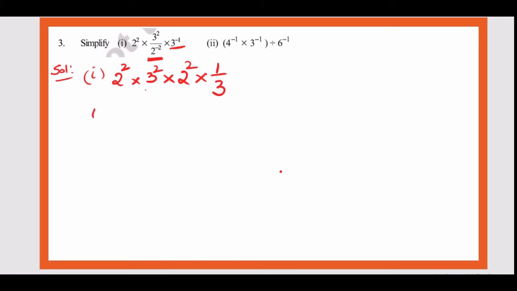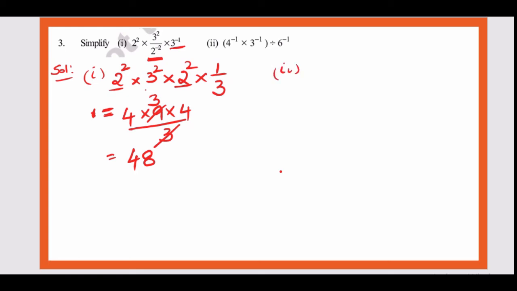Now what you are going to get: 2 square into 2 square. What is the value of 2 square into 2 square? 2 square is 4 into 9 into 2 square is 4, divided by 3. So this 3 in 9 goes 3 times. 4 threes are 12, 12 fours are 48. So the answer is 48.